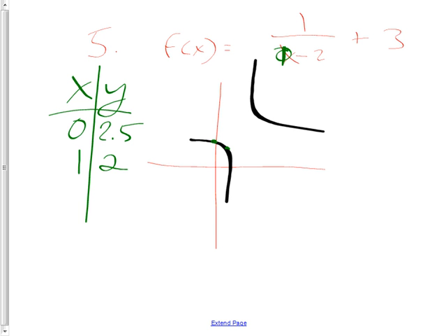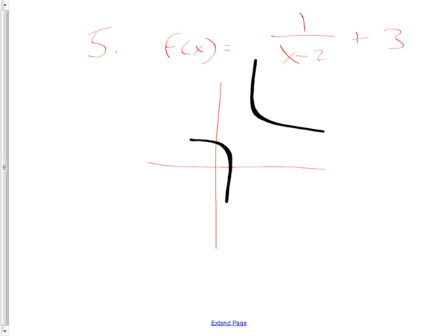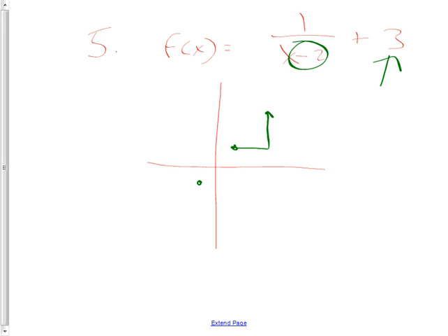On this one, maybe it's better to just say, I know my 2 parent points, and I'm going to move them. Do you get that these are the 2 parent points? I'm going to move them 2 to the right and up 3. So they're both going to go 2 to the right and up 3.